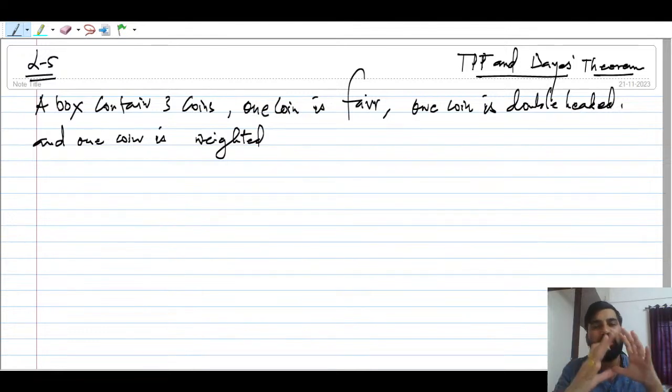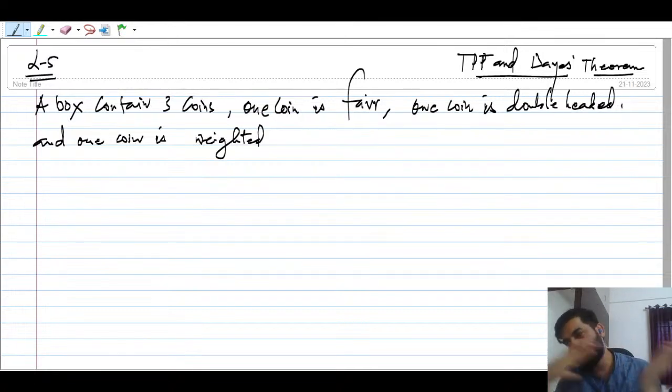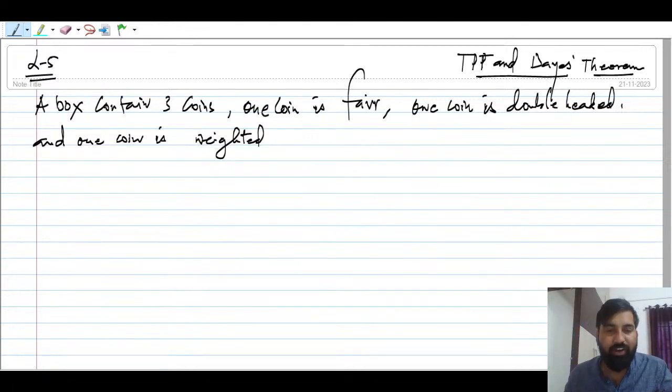If a coin has some sort of weight, one side is going to be very heavy, so if you toss it, you're going to get the same outcome more often. What is the probability of getting head in this case? They have mentioned it already: the probability of getting head is 1 by 3 in this case.